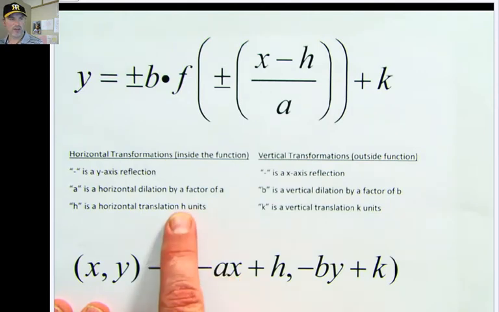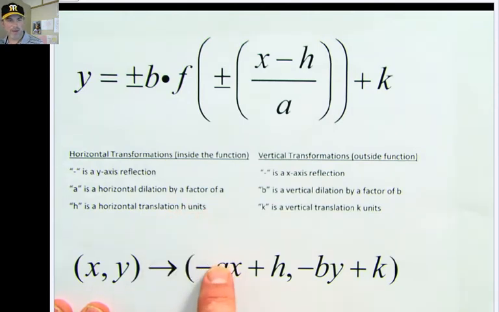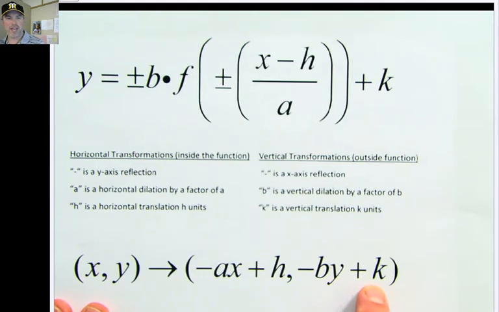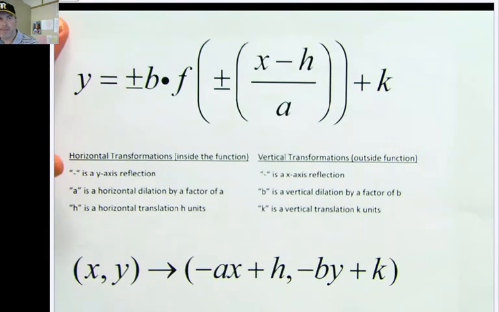A horizontal dilation by a factor of a, you'd be multiplying the x-coordinate by a, and then you'd add the horizontal translation to it. This negative for the y-coordinate is for your x-axis reflection. The vertical dilation is this b that you're multiplying the y-coordinate by, and then the k is what you're adding or subtracting depending on if your graph is going up or down.